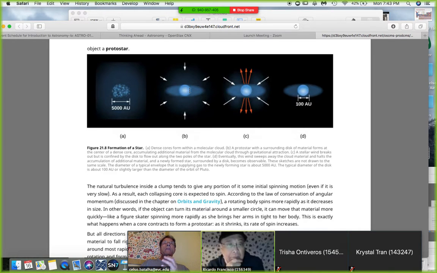So the angular momentum of this gas is responsible for flattening this circumstellar disk, as we can see here in slide B. So gas falls not necessarily directly towards the star, but depending on the angle where the cell of gas is, if you can follow my cursor, the gas will fall towards the circumstellar disk, and then from the circumstellar disk will spiral and fall onto the star.